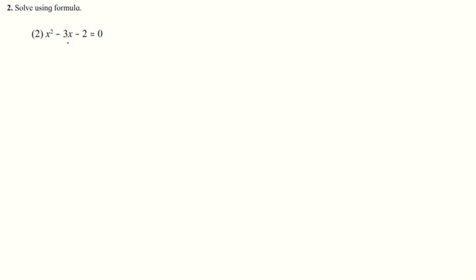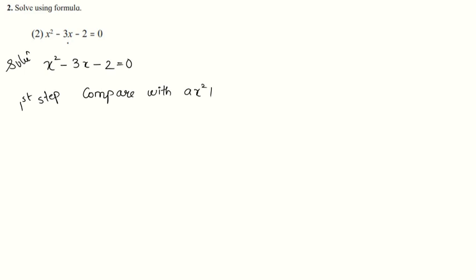Now moving on to the second question, that is x square minus 3x minus 2 is equal to 0. Starting with this one, the question is already in standard or general form. We will proceed with the first step, that is, compare the given equation with ax square plus bx plus c is equal to 0.